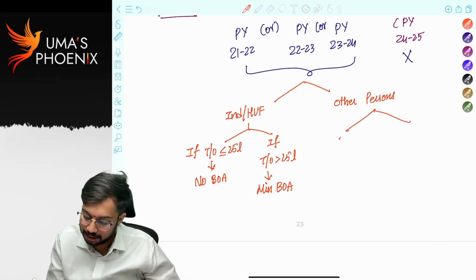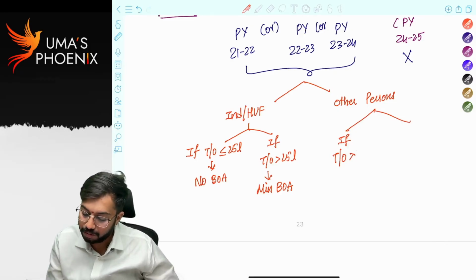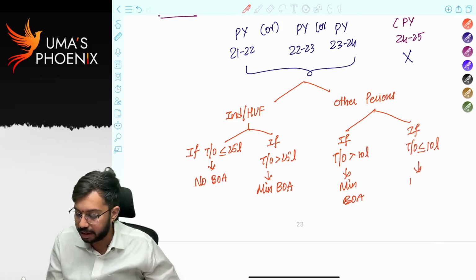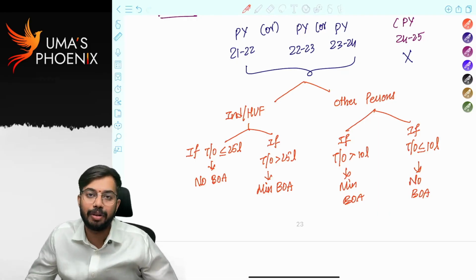For other persons, if turnover is greater than 10 lakhs, then minimum books of accounts are required to be maintained. If turnover is less than or equal to 10 lakhs, no books of accounts are required to be maintained. Is it clear? Are you able to understand?